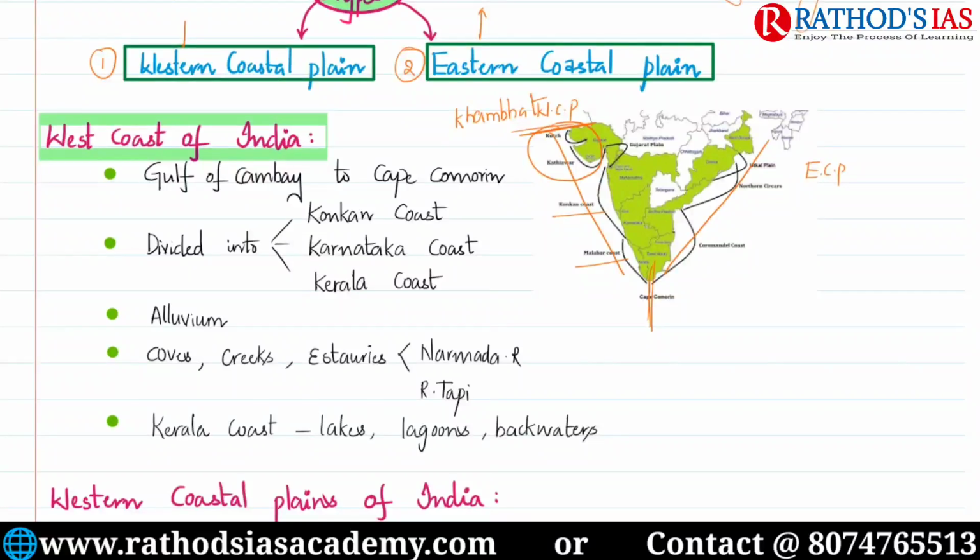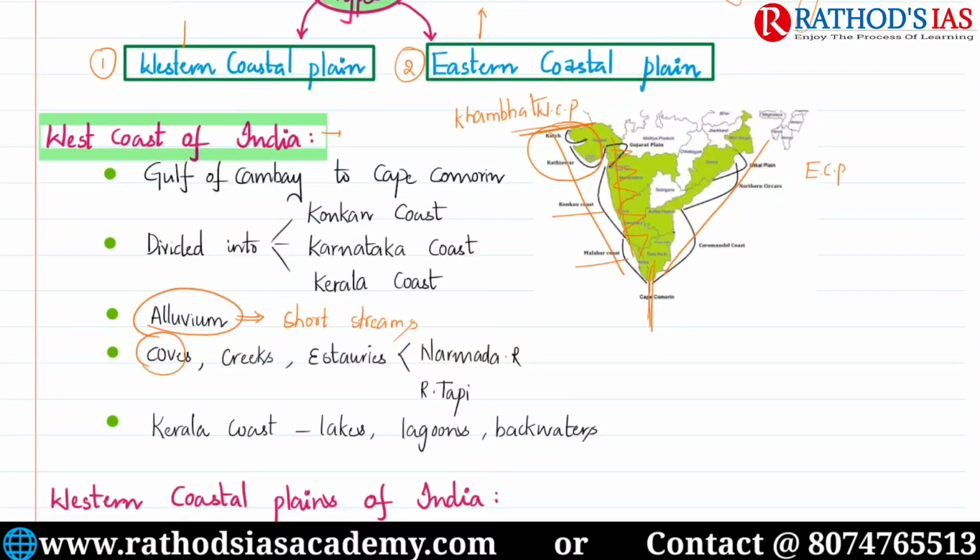And actually this western coast is made up of alluvium or alluvial soil, which is brought by short streams of rivers. These rivers originated from the Western Ghats. And we can see a large number of coves.